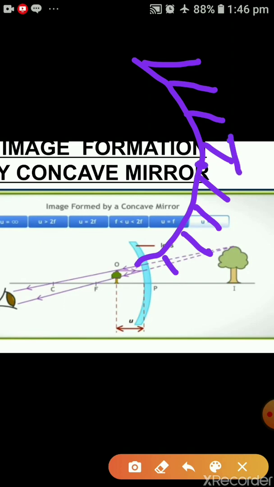It is known as pole, and with the help of this point we will draw a straight line. It should pass through the pole. This straight line which is passing through the pole is known as the principal axis, and here we have our focus point. This we have to show.